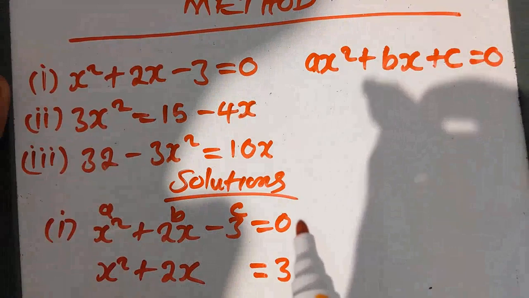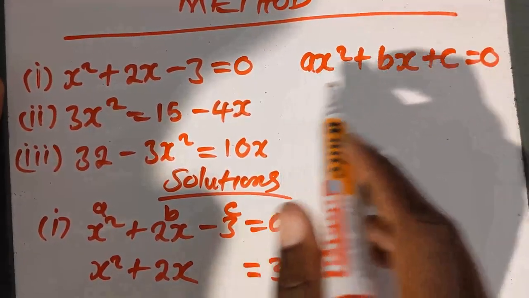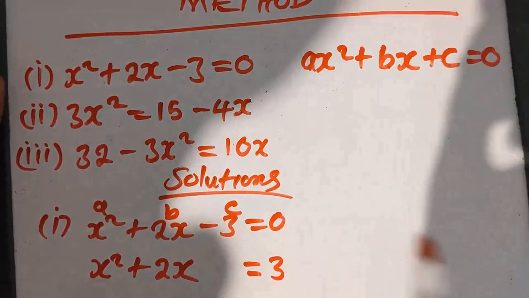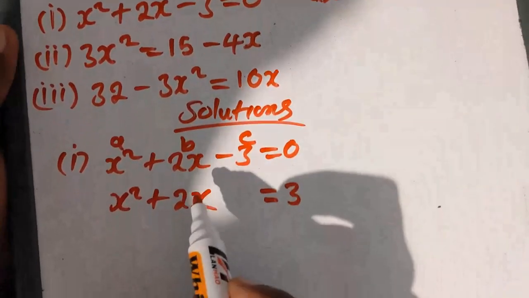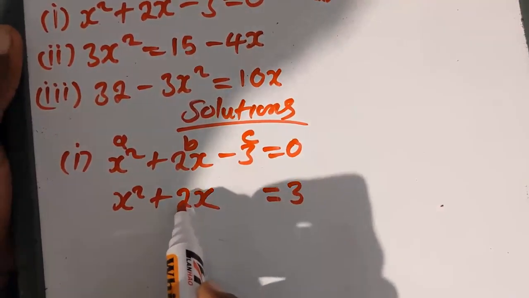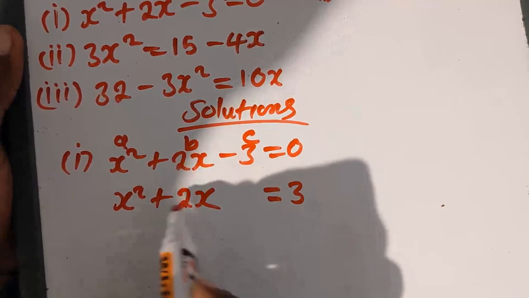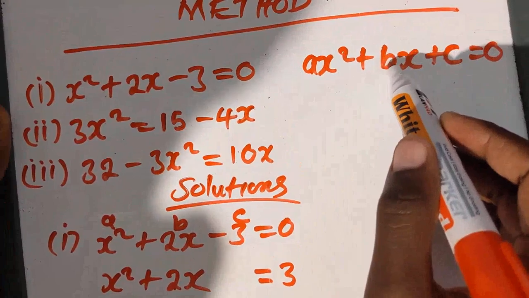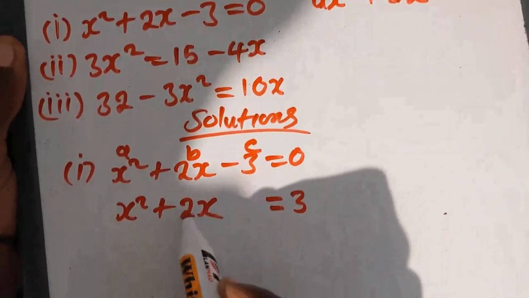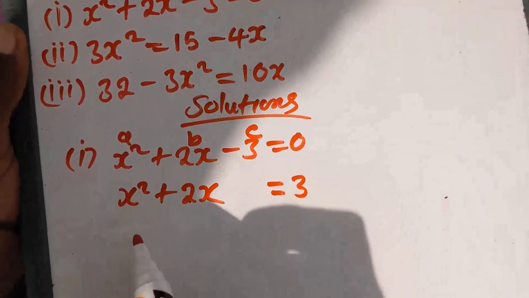A coefficient is a number attached to a letter, like this one, it is 2. So this is a coefficient. If you look at it here, this is b.